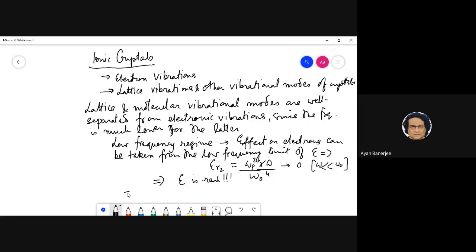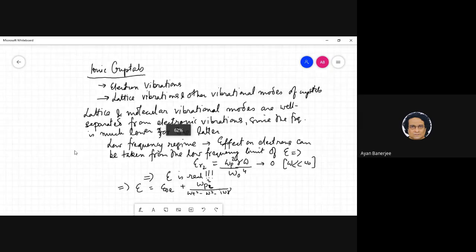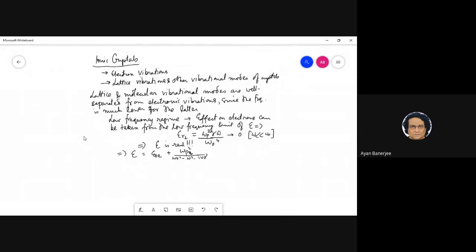So that means I can write my epsilon as some epsilon naught, the electron contribution, plus some difference, I'll tell you. So this is omega p squared by omega t square minus omega square minus i omega gamma. Okay. So what is this?